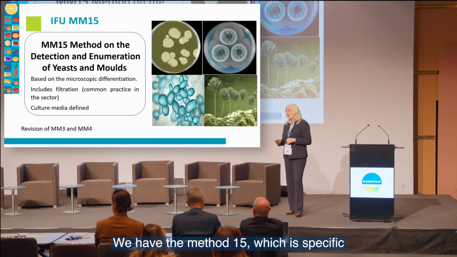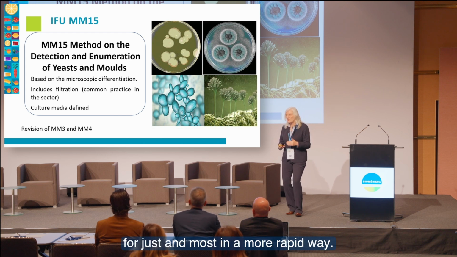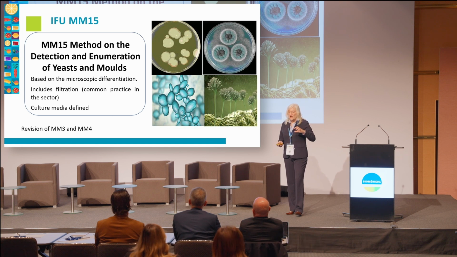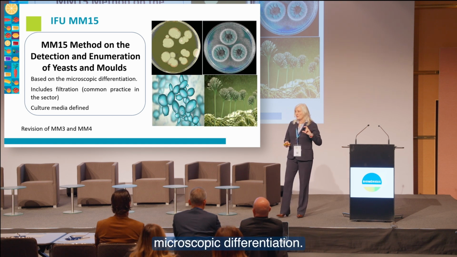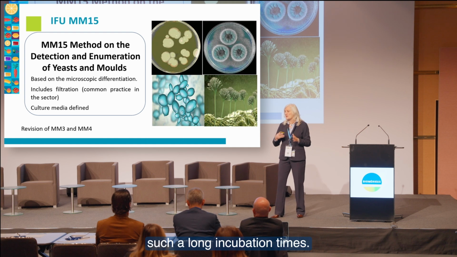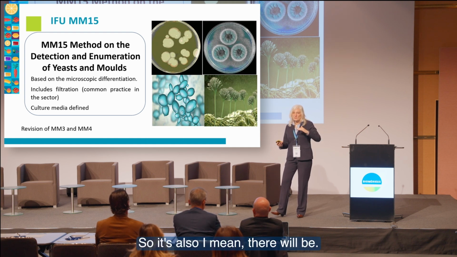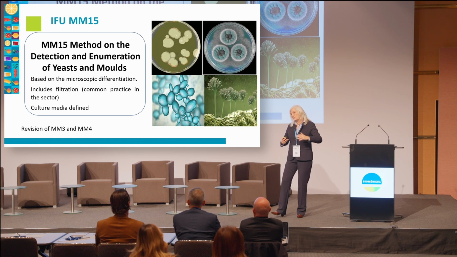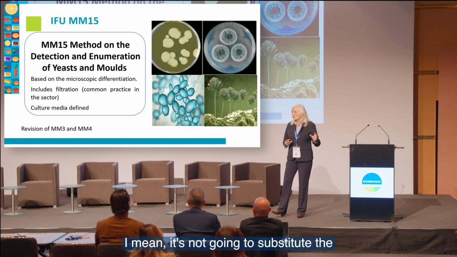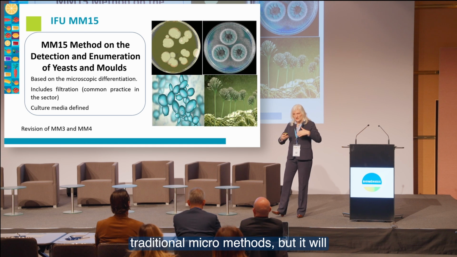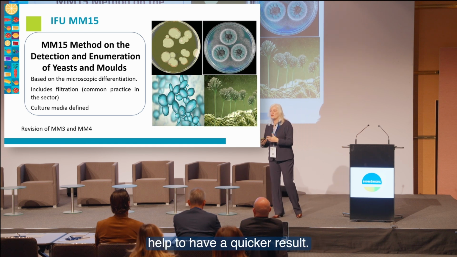We have the method 15, which is specific for yeast and molds in a more rapid way. It's going to be based on the microscopic differentiation, so we don't have to wait for such a long incubation time. It's not going to substitute the traditional micro methods, but it will help to have a quicker result.